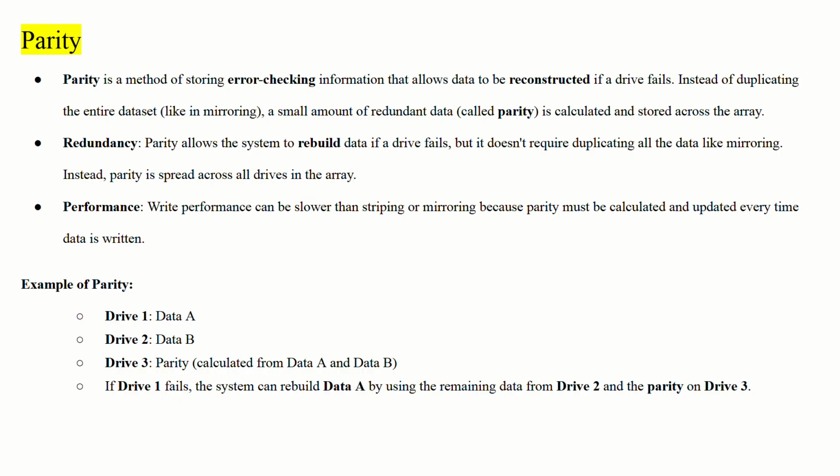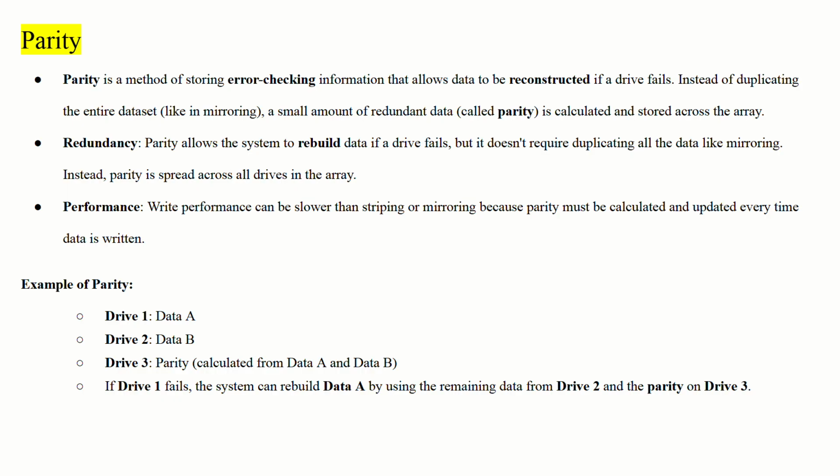What this fifth drive will do is calculate an XOR operation. It will take whatever data is there in drive 1, drive 2, drive 3, and drive 4, calculate the XOR of this data, and store it in the fifth drive, which is my parity drive.